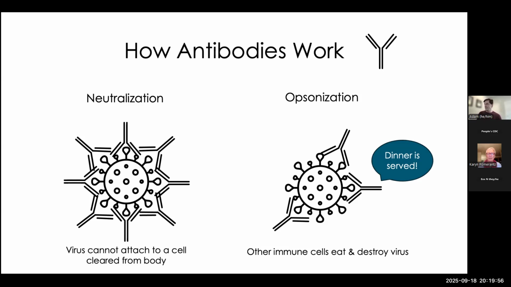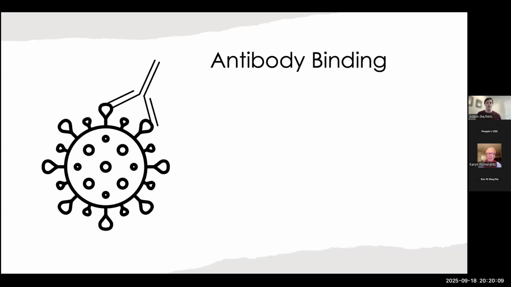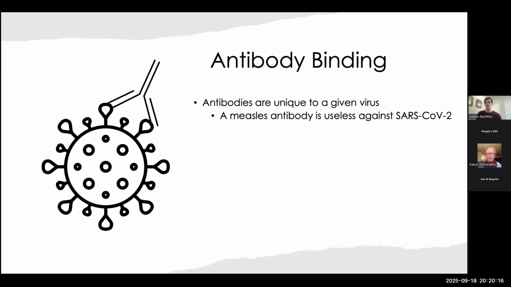And so, with these two major methods of how antibodies work, especially in the face of variants, it's important to understand how antibody binding happens. So, antibodies are always unique to a given virus. You know, a measles antibody is going to be pretty useless against SARS-CoV-2. And antibodies are actually optimized over time through a process called antibody affinity maturation.